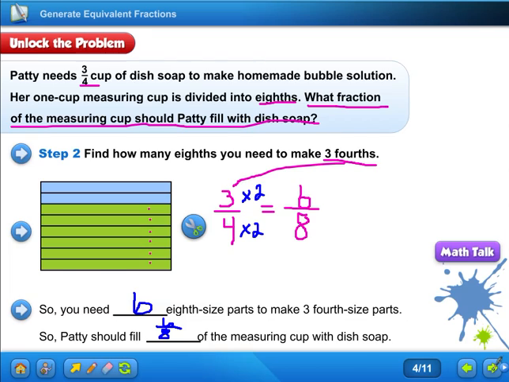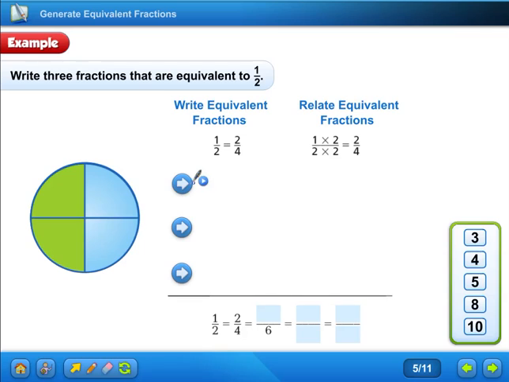Let's try one more section. So write an equivalent fraction. Here's the little trick I just showed you right here. 1/2 equals 2/4. 1 times 2 equals 2. 2 times 2 equals 4. So now what are they multiplying it by? 1/2 equals something over 6.